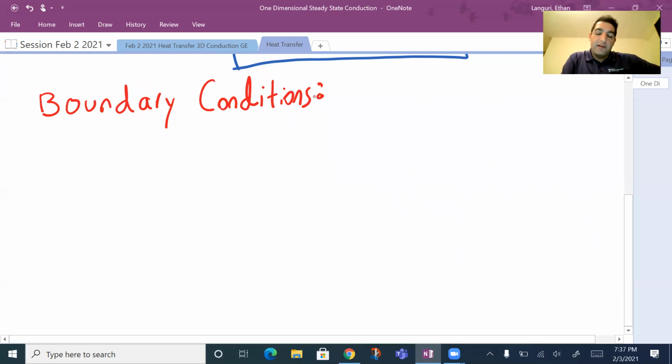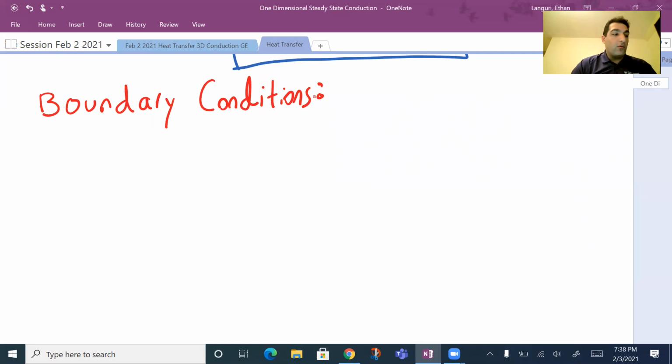I'm sure we discussed in previous sessions that boundary conditions are the information we can receive either experimentally or by observation or through any other methods from the boundaries of the problem, from the inlet, from the outlet, from walls, that gives us enough information to solve the problem.